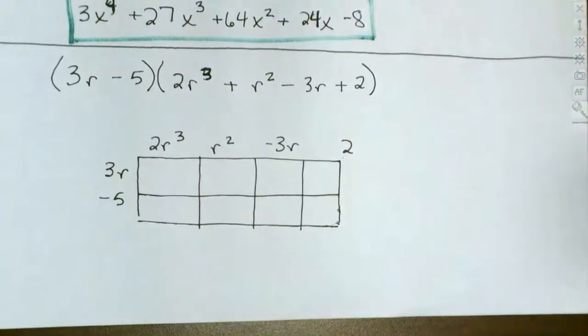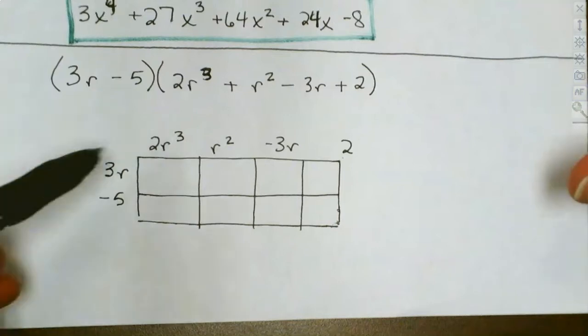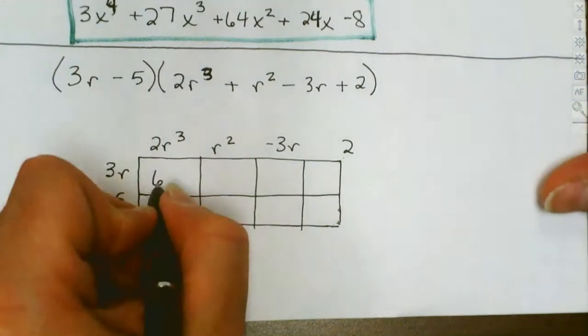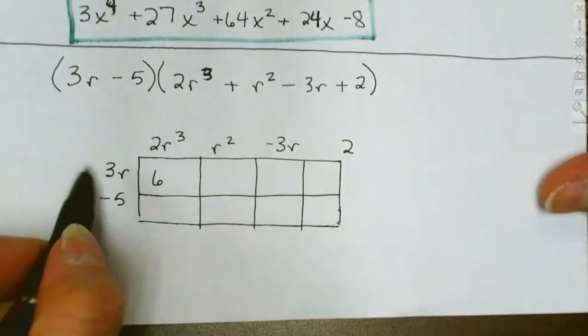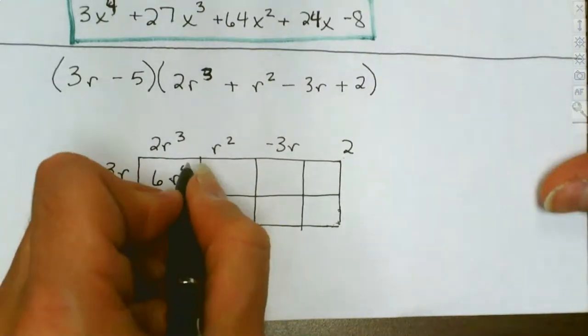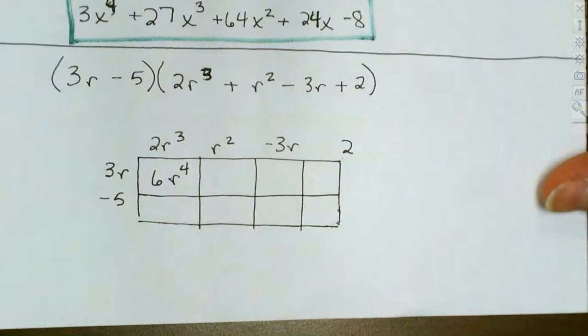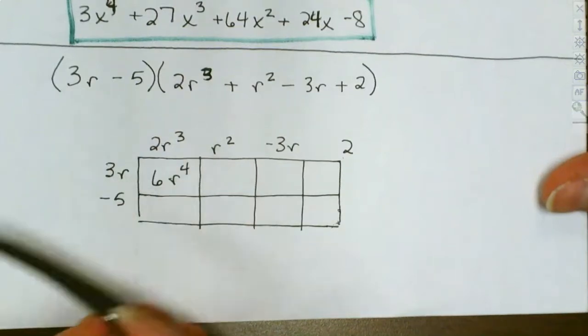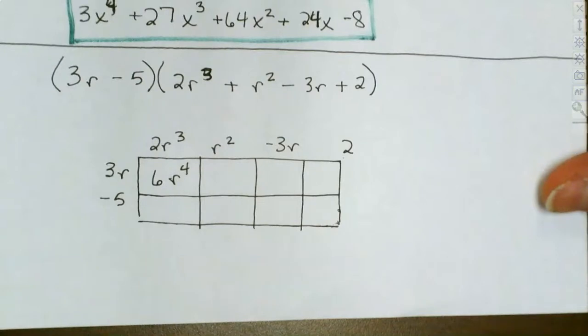And again, I think this is the easiest way to do these because it puts everything in its own compartment. So multiply to fill it in. 3 times 2 is a 6. R cubed and another r makes it an r to the 4th. Remember, exponents add. 3 times 1 makes it a 3.